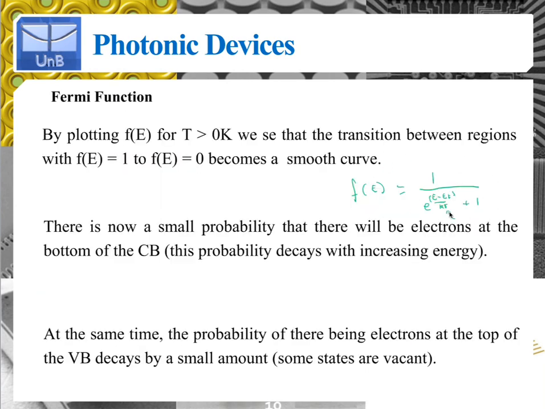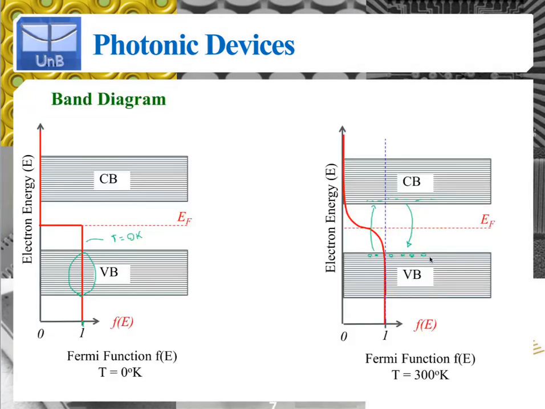This will have correspondence with the physical reality. So there's now a small probability that there will be electrons at the bottom of the conduction band. This probability decays with increasing energy. What are we talking about here? So you have right at this position, f of E is no longer 0.